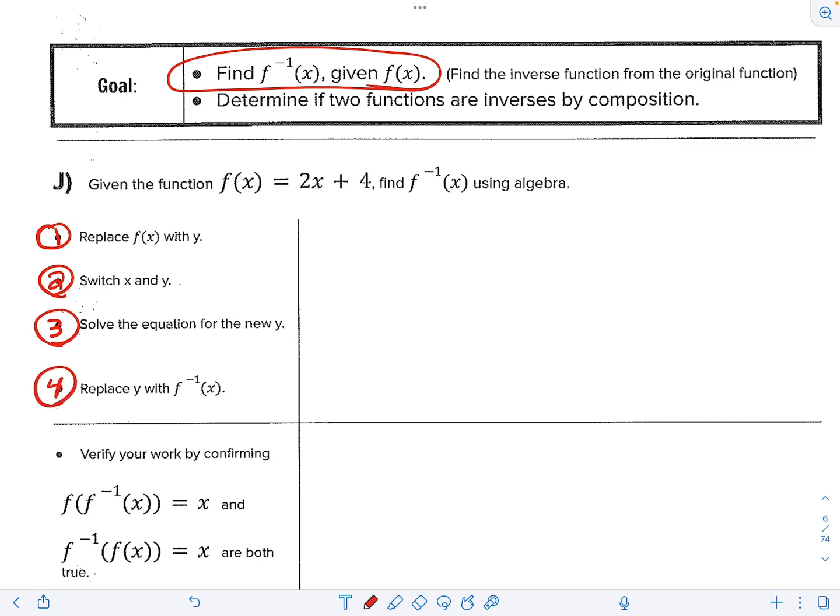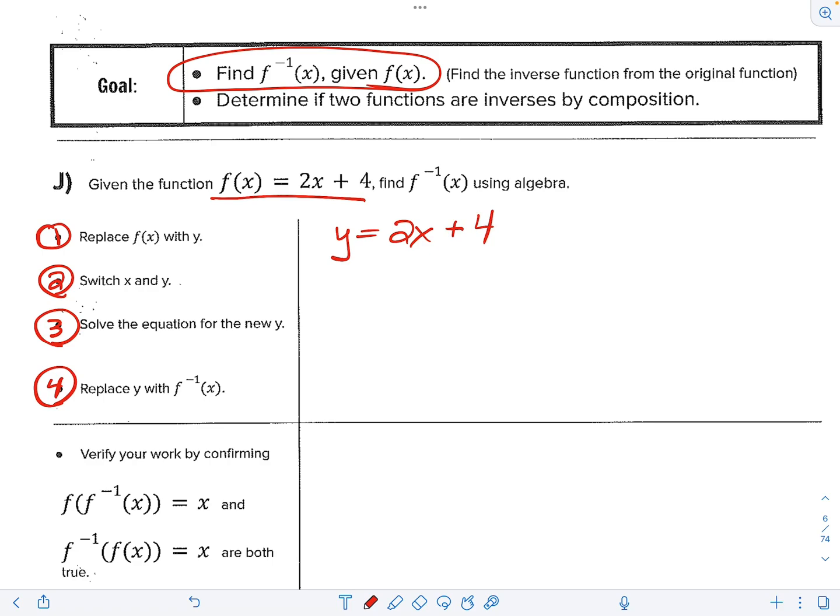Our function in this example is f of x equals 2x plus 4. Number 1, replace f of x with y. It's a little bit easier, it's less to write. They mean the same thing as an input and output, and we will stick with that convention. Y now equals 2x plus 4. That's a linear equation.